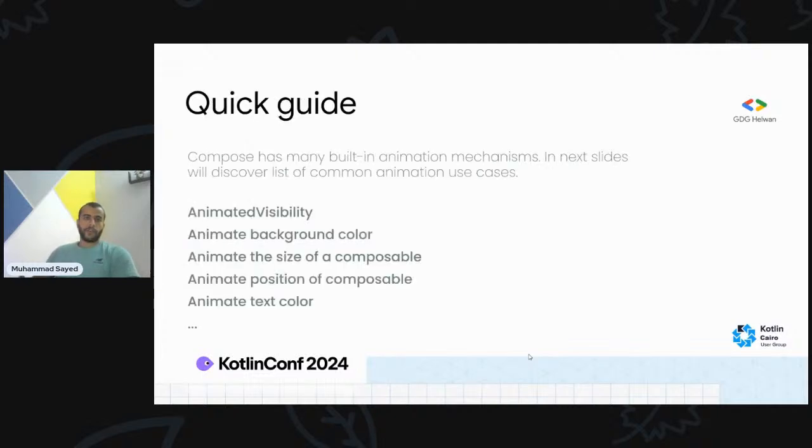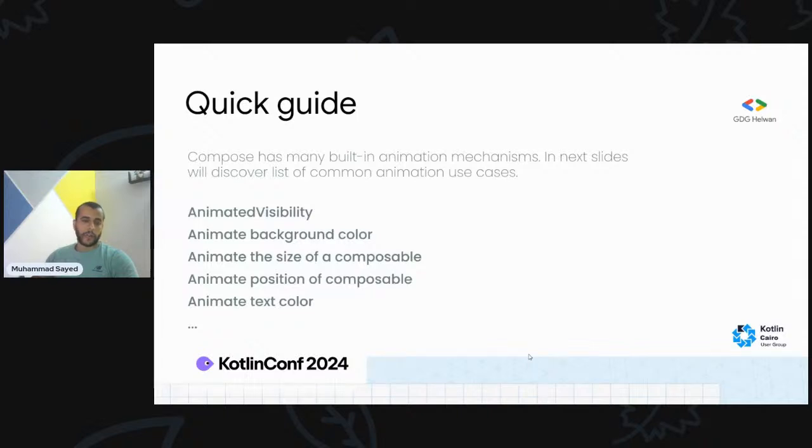All right, a quick guide on the points we are going to talk about. We have many built-in animation tools that we can use out of the box, which help us animate our composable functions very well and very easily.